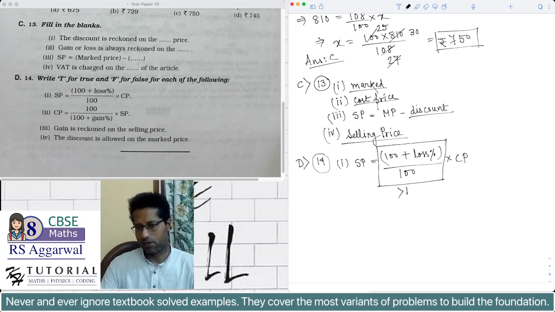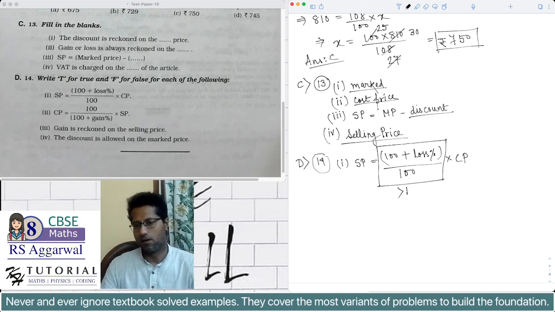So this loss percentage, or whatever percentage, is being added to 100. Then the numerator will become greater than 100 and it is divided by 100. So this whole thing will be greater than 1, which means SP should be greater than CP.